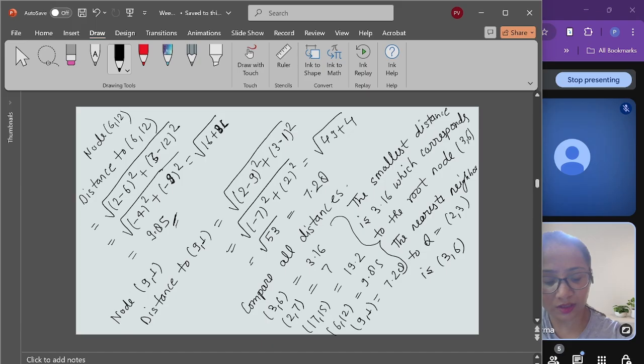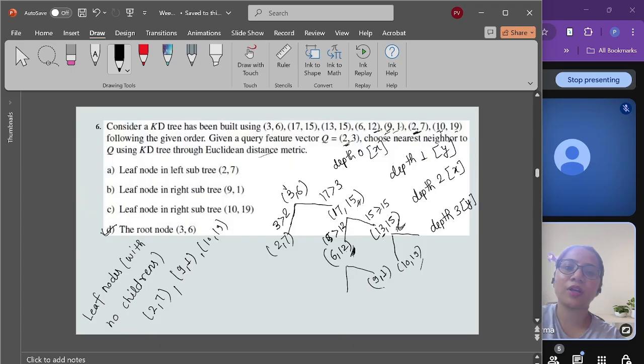From the options, we can see the root node 3, 6, or you can go through and check whatever options are given, like leaf node in the left subtree 2, 7, 9, 1 and 10, 9. Check for these. Whatever distance you get as the smallest or minimum, that is the nearest neighbor of the query feature vector. So option D is the correct answer for this question.